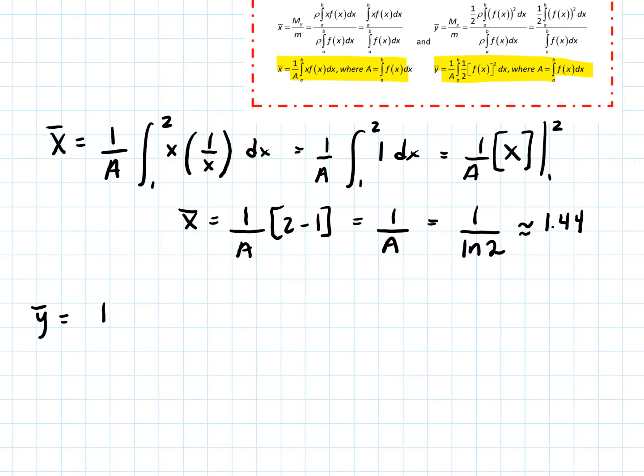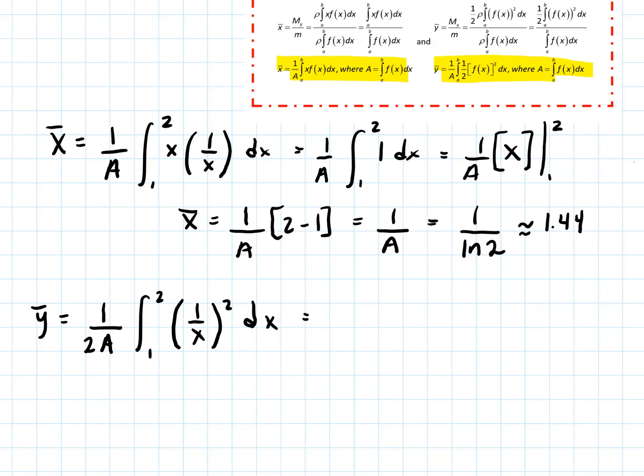To find the y coordinate, if you take a look back at our formula, y bar is 1 over A times the integral from a to b of 1/2 f of x squared. I'm going to put the 1/2 and the 1 over A together and write this as 1 over 2A. That's another way to express the formula. The integral from 1 to 2 of the function, which was 1 over x, squared, dx.